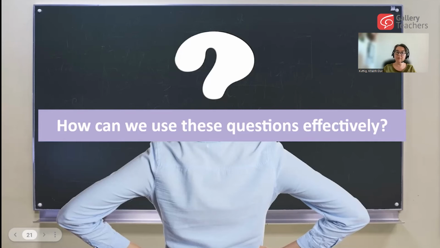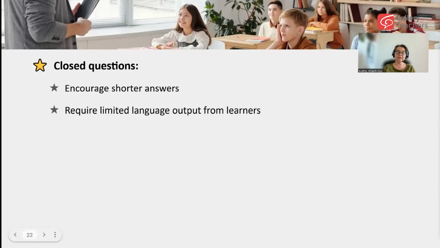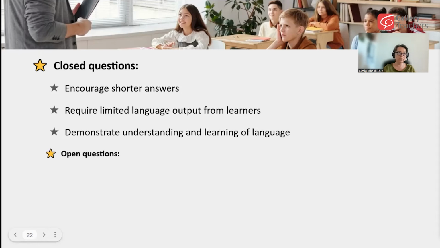So how can we use these questions effectively? Well, closed questions, first of all, encourage shorter answers. They require very limited language output from your learners. They demonstrate understanding and learning of language.